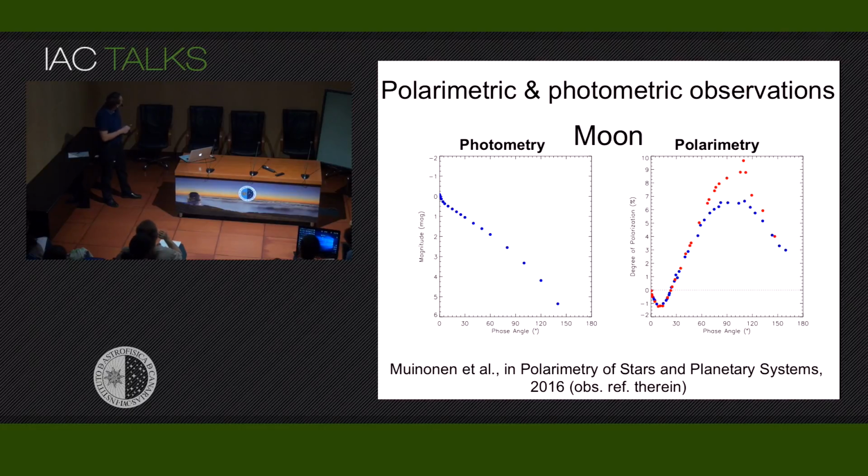And if you look at the photometry of the moon, this is a very featureless curve, except for the opposition effect for the moon. And then if you look at the polarimetry of the moon, which is at maximum at half moon, you basically have almost 10% polarization here. This is where I never remember which one comes first.